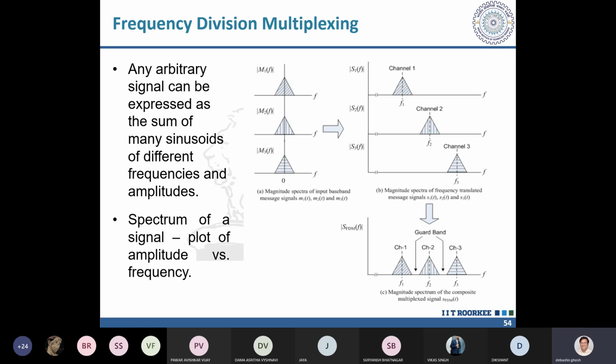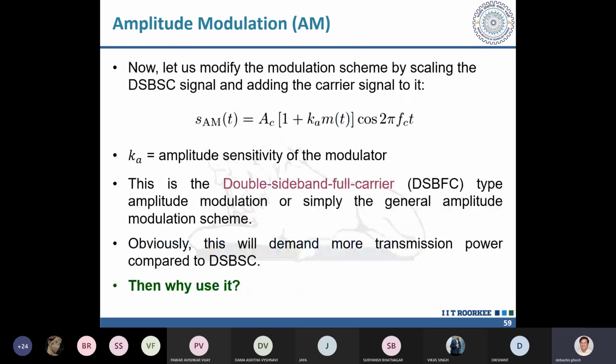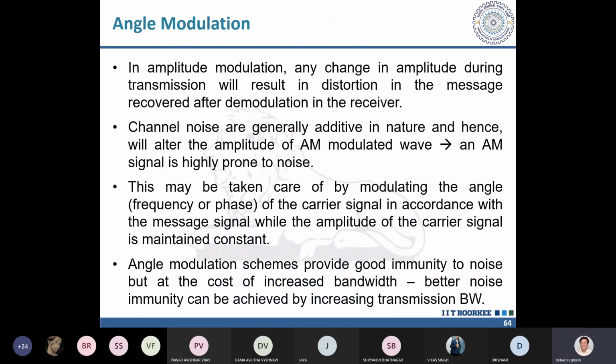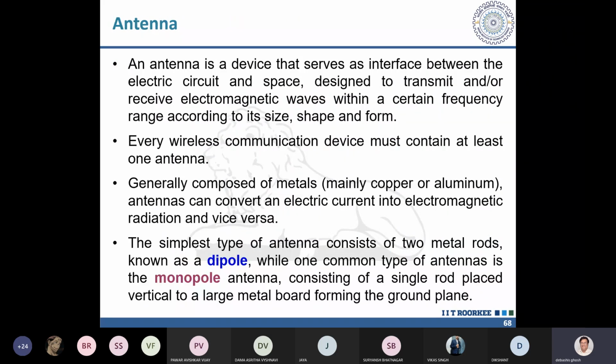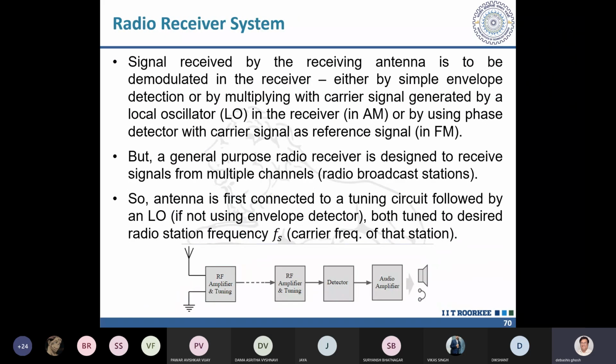That means that is the center frequency of that channel. It cannot be a single frequency. It has to be a band of frequencies for a channel. But the frequency that we mention for a channel is basically the center frequency of that channel, which corresponds to the carrier frequency that we are using for modulation and demodulation. So when I'm talking about the channel frequency Fs, it is the corresponding center frequency of that channel, which corresponds to the carrier frequency of that station.